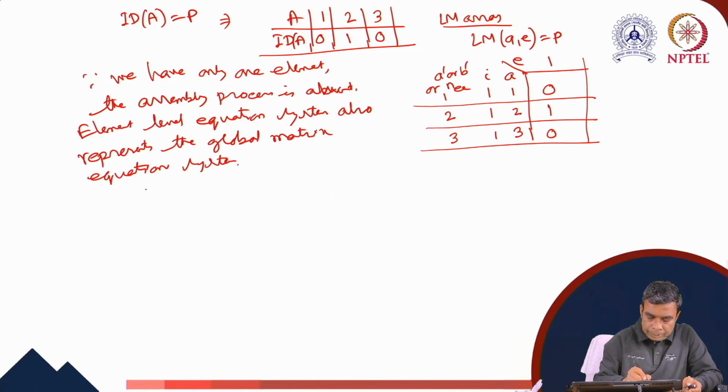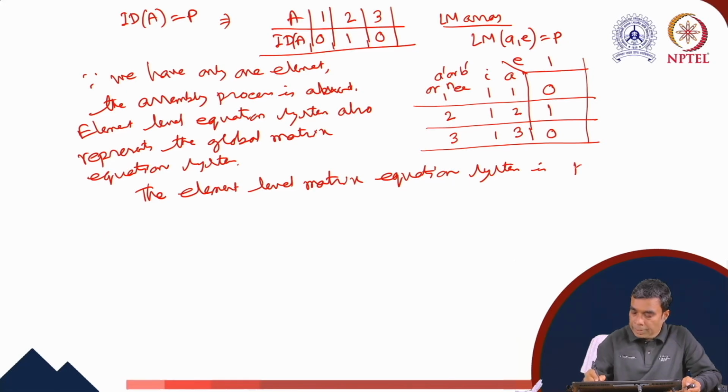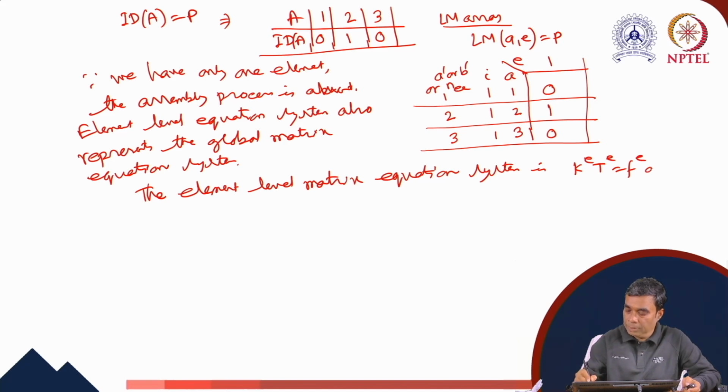Now, the element level matrix equation system is KE TE equals FE, or K1 T1 equals F1.